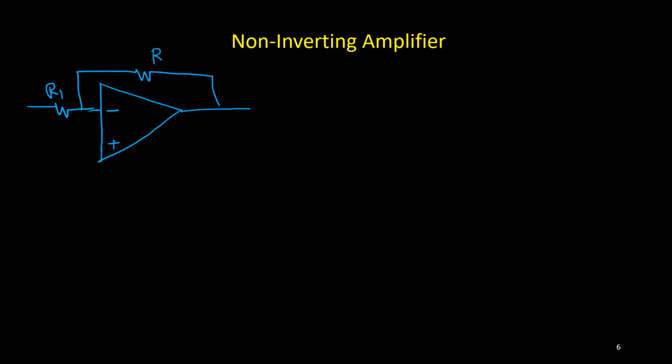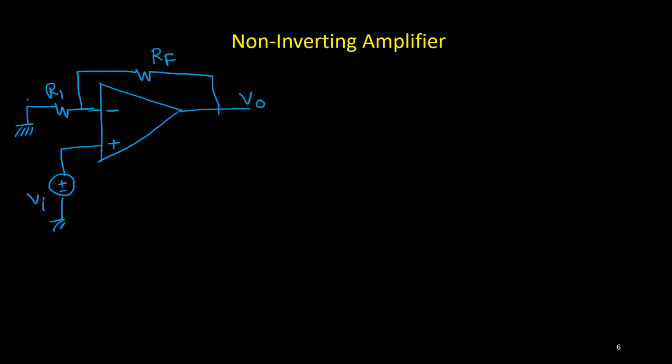Now this is the non-inverting terminal, where you can connect one voltage source. This is your Vi right now. We won't apply anything at the inverting end, so I will make it grounded. Now we'll try to find this output.